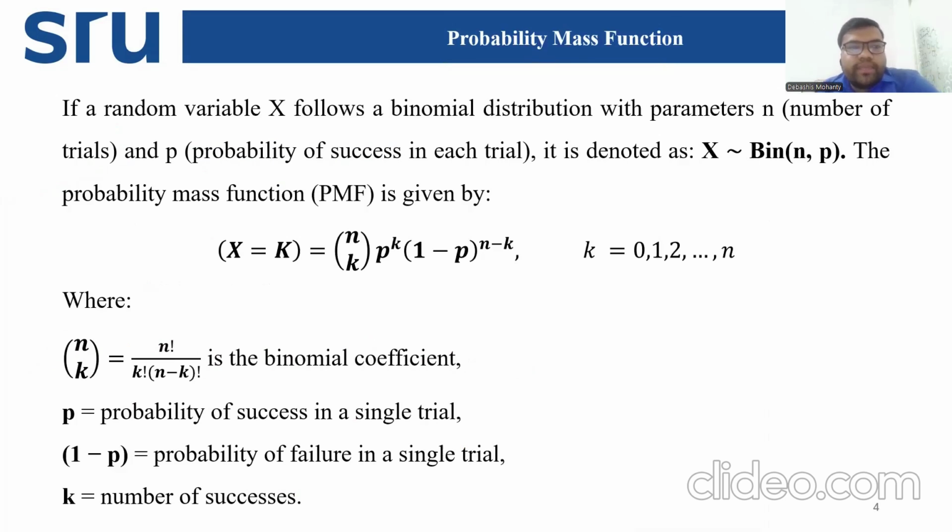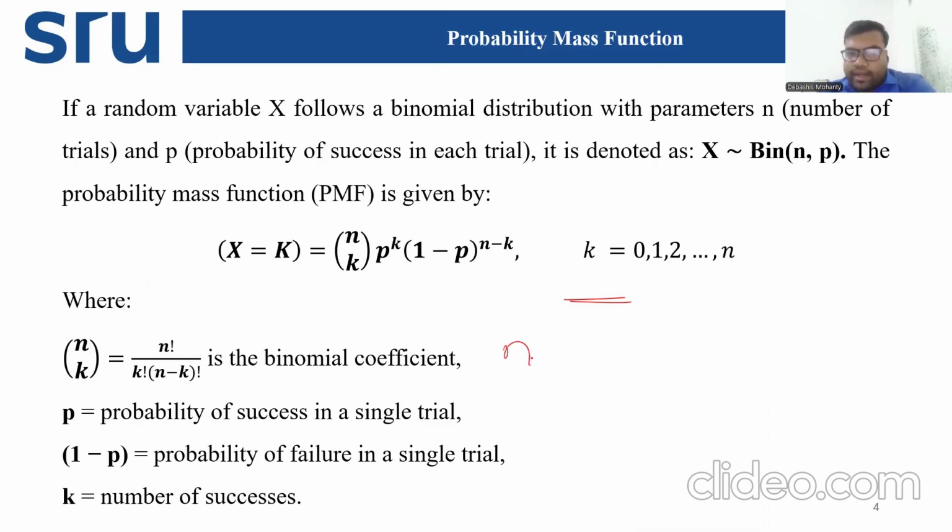Next, we'll see about the random variable. A random variable is basically something that assigns a numerical value to the possible outcomes in a sample space. So here we are taking the probability of success in each trial, and X, the random variable, is distributed as the binomial distribution of n and p.